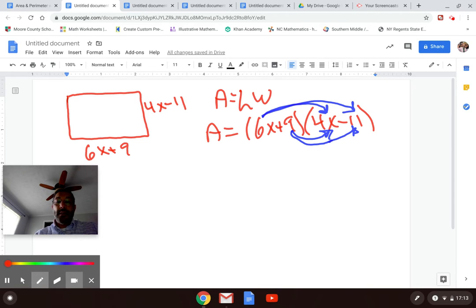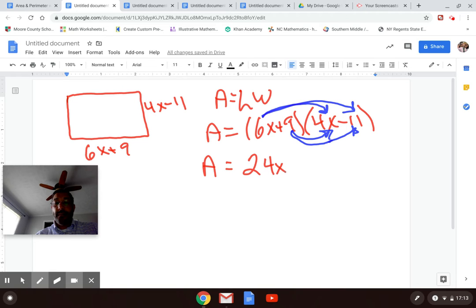Okay, so when you do that, you now have an area that equals, so 6x times 4x is going to be 24x squared. And then 6x times negative 11 gives you a negative 66x. 9 times 4x gives you 36x, so you have plus 36x. And then 9 times that negative 11 gives you minus 99.